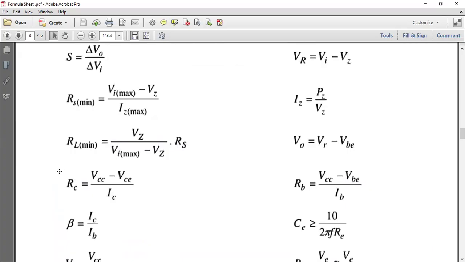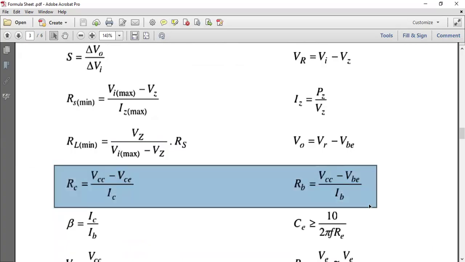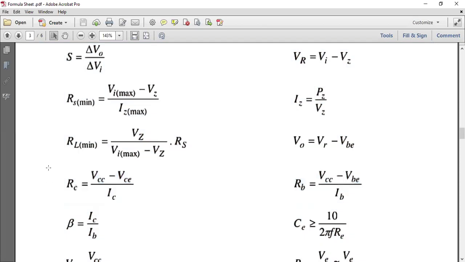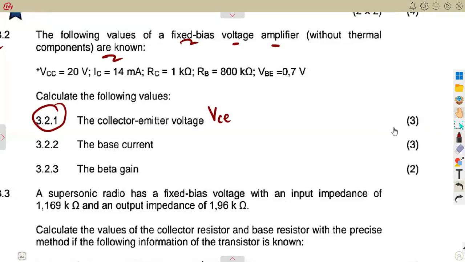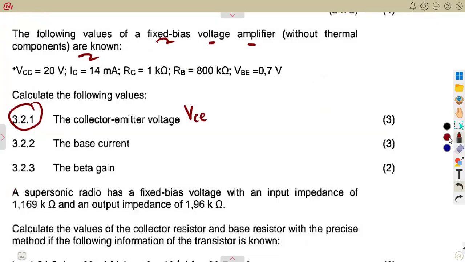This time you must think of the basic formulas from RC and RB. From RB, we do not have VCE, but from RC, there is VCE. Let's think along the RC, and we're going to try it and see if it works.